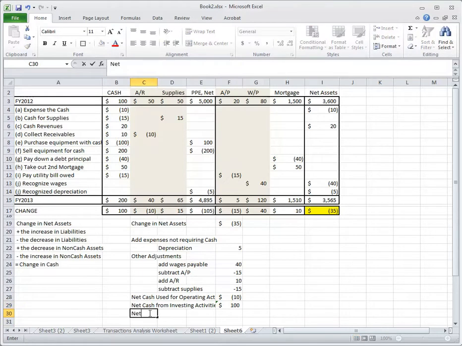And then our net cash from financing activities is associated with paying down the principal of our debts and taking out long-term debts in order to obtain cash or money.